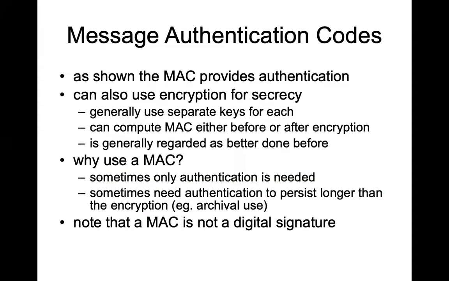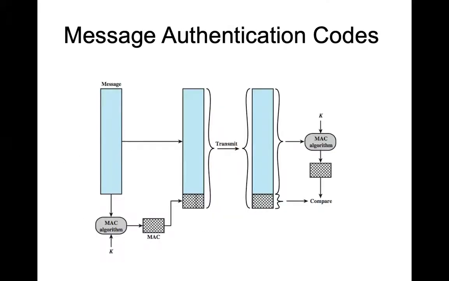So MAC clearly provides authentication. First of all, MAC provides message integrity, right? So if a message is corrupted, then you know that the MAC will not match because unless the attacker also has access to this key, which they don't, they will not be able to compute the MAC correctly.